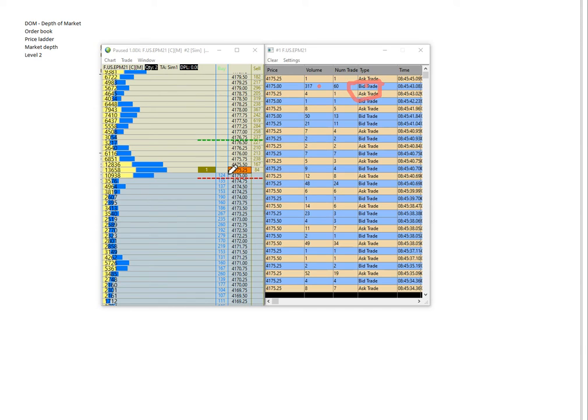What that means is that 317 orders hit the bid, specifically here at 41.75. Sorry, that got a little messy. 41.75 is right here.